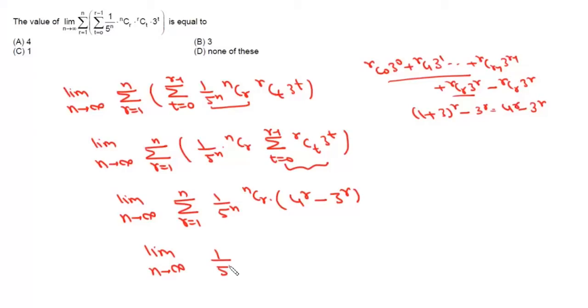We'll take 1 upon 5 to the power n common, and then it'll be this summation nCr 4 to the power r minus nCr 3 to the power r, where r varies from 1 to n.